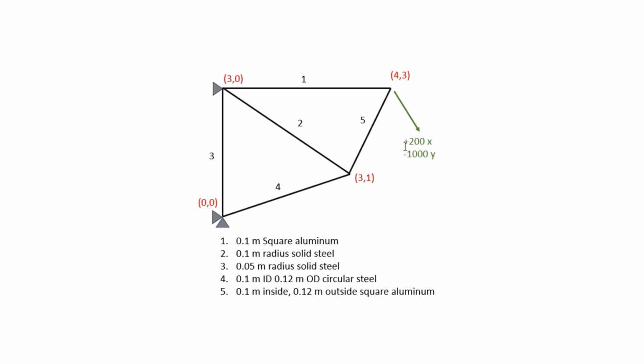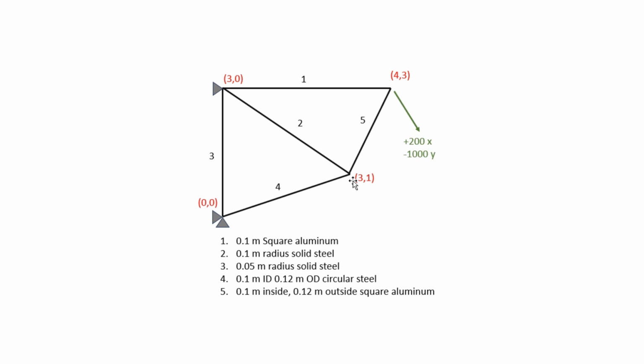These two values over here of 200x and minus 1000y are the magnitudes of a point force that have been placed at the end of this beam. These red numbers shown in parentheses represent the coordinates of the truss, and these coordinates are shown in meters.